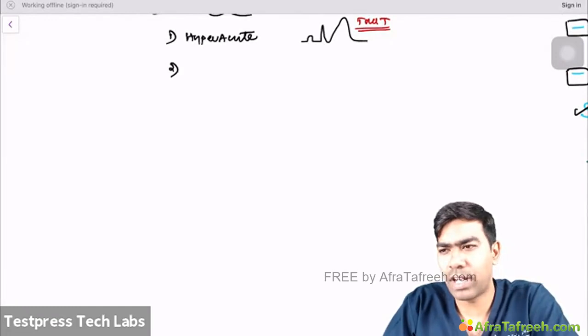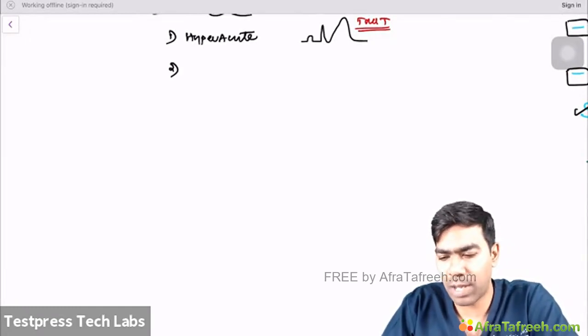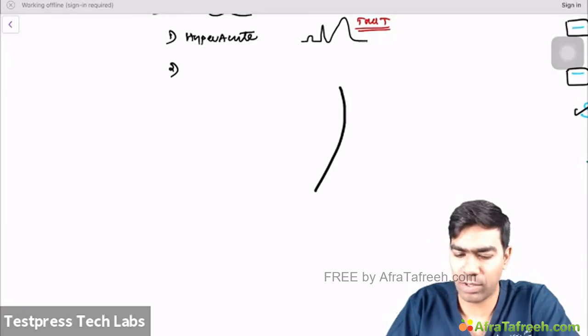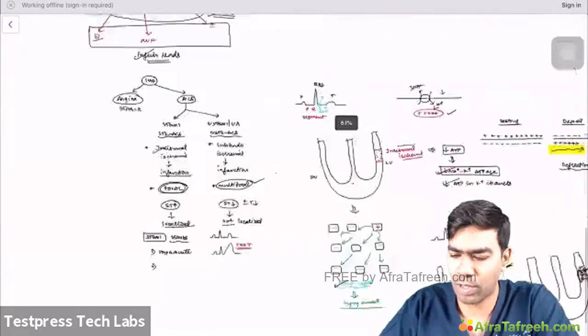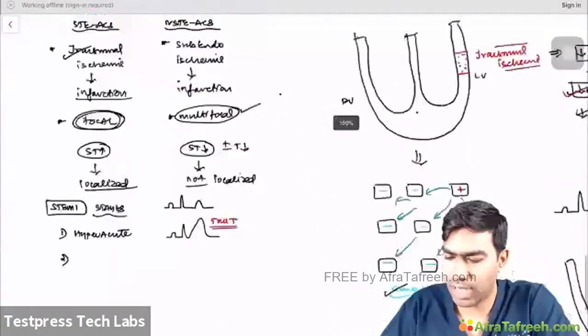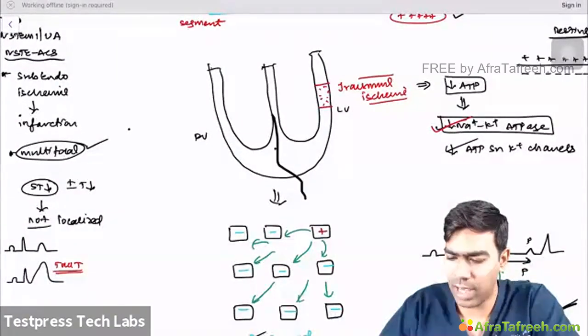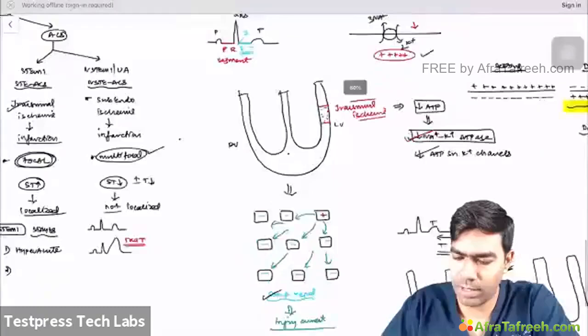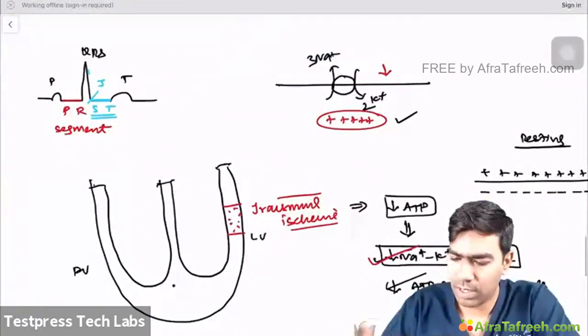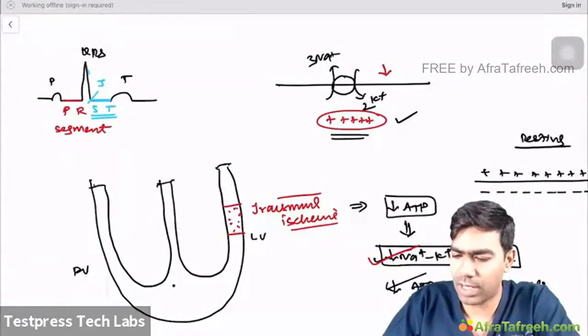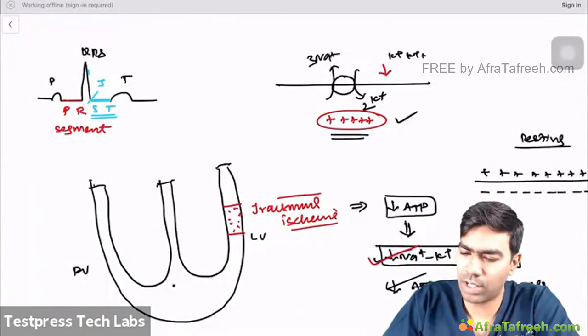So why do you get a tall T wave? Again, you can think about hyperkalemia. Let us go back to the ATP section, which you have discussed already. As I told you, once you reduce the activity of sodium potassium ATPase, you are going to produce more sodium inside. At the same time, your potassium is going to increase locally outside.